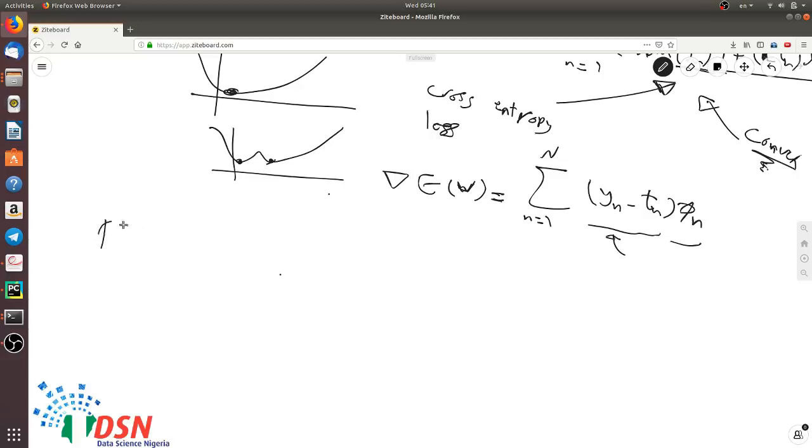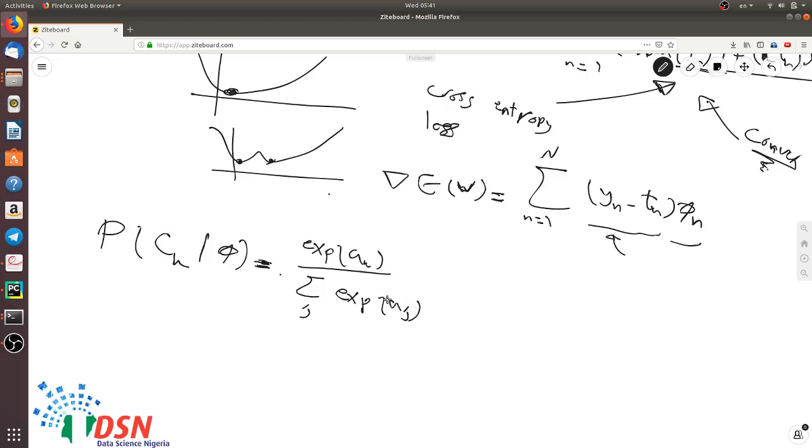For the multi-class problem, we could model the probability of class K given phi with the exponential function of AK over the sum of exponentials of AJ, in which AK is the linear combination of input features.